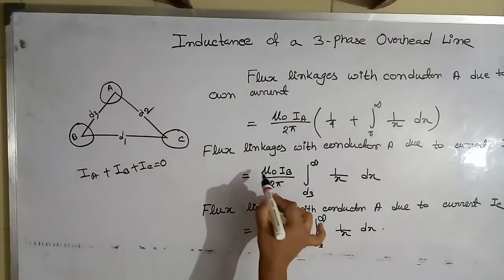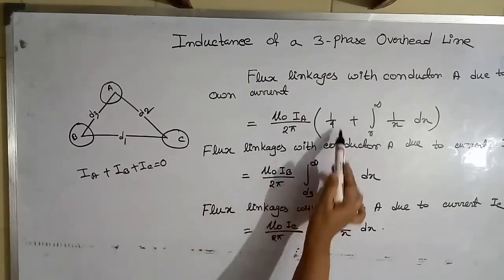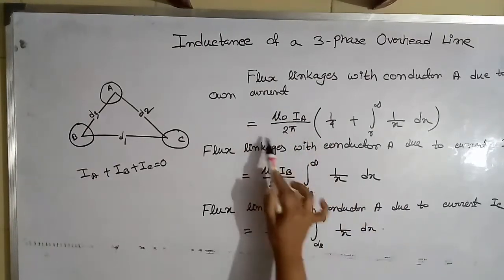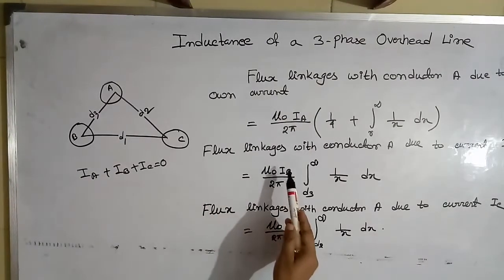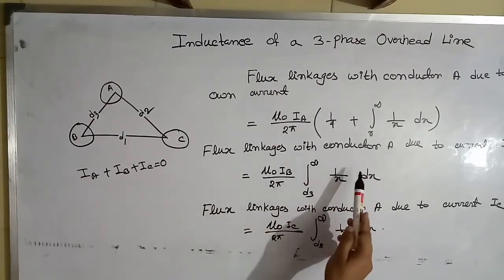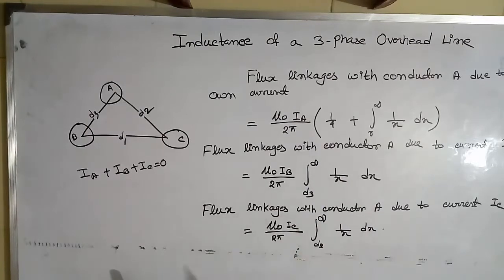Now in both cases the internal flux linkage is missing, because the flux linkage with one conductor is due to another conductor, so internal flux linkage is 0.